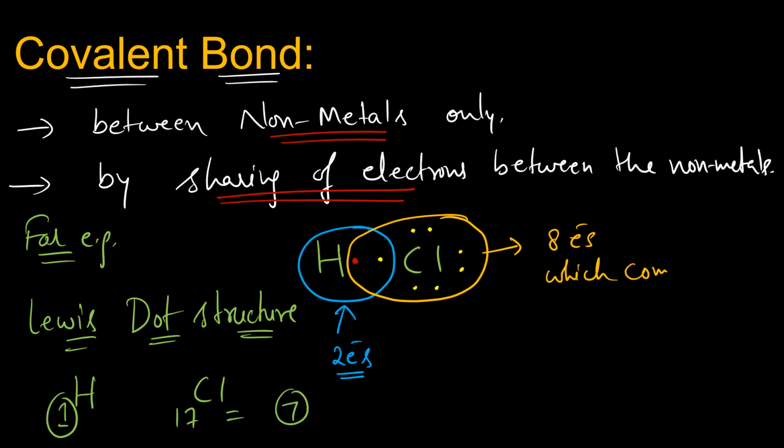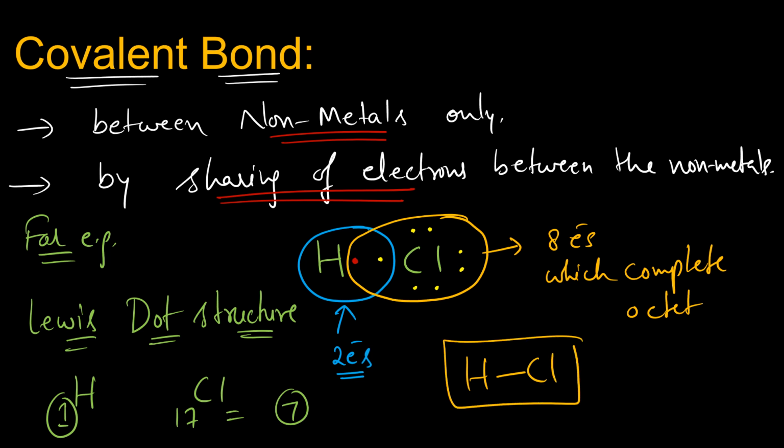So here we have seen hydrogen and chlorine both are non-metals and they are sharing their electrons and forming a bond between hydrogen and chlorine. This bond is a covalent bond. But which covalent bond is this? It's a single covalent bond, because they have shared only a pair of electrons between the two non-metals.